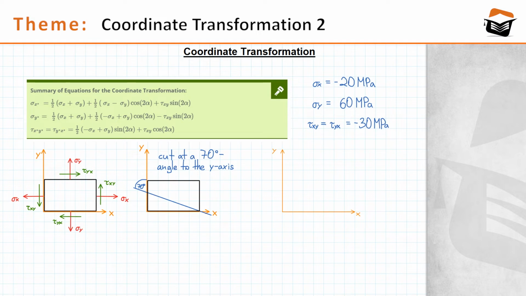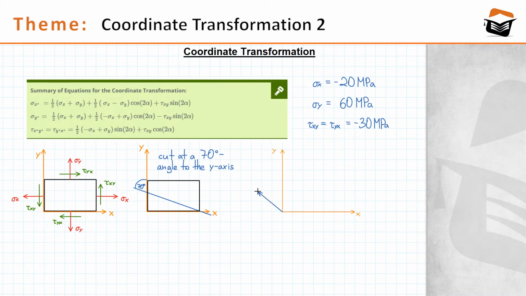So let me just pick a color. Okay, the new coordinate system, if you follow the rule that you place the new y-axis on the cutting area, the rotational angle of the entire coordinate system will be 70 degrees counterclockwise.